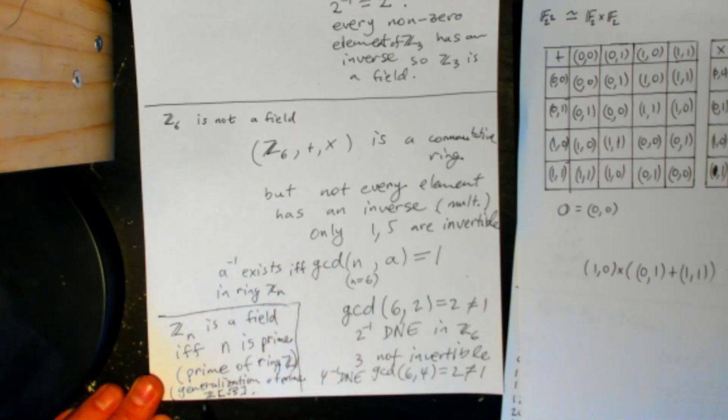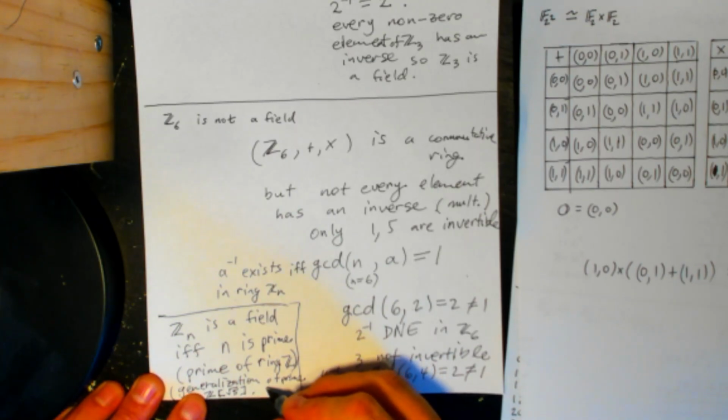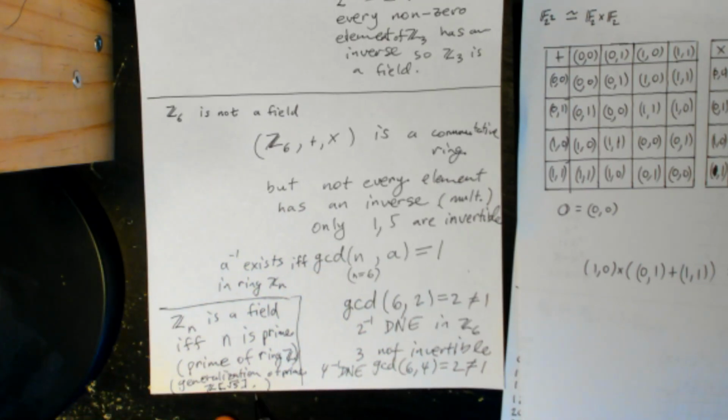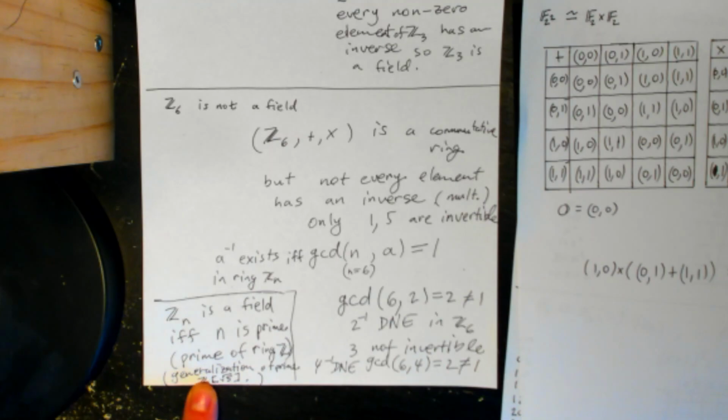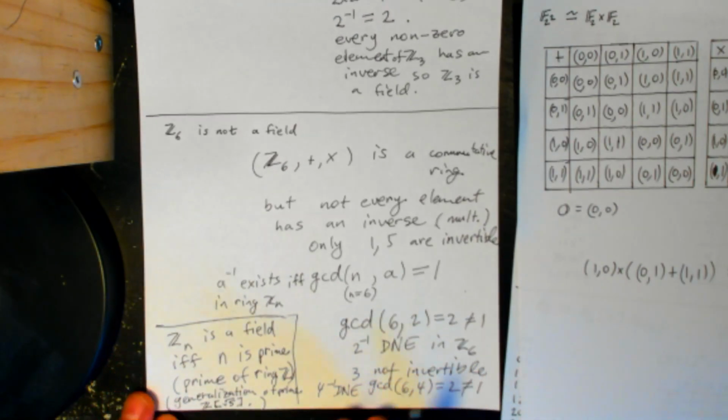Okay, so we talked about this ring in the last video. But there's a notion of prime in this ring as well, which is not necessarily the same as the notion of prime in the ring of just plain integers.